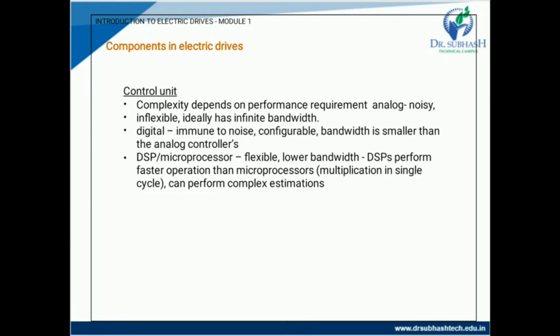DSPs perform faster operation than microprocessors, multiplication in a single cycle, and can perform complex estimation. So we can use a number of options for the controlling unit. Nowadays they are using DSP, processors, digital, and so many things for variable frequency, variable speed drive of motors.